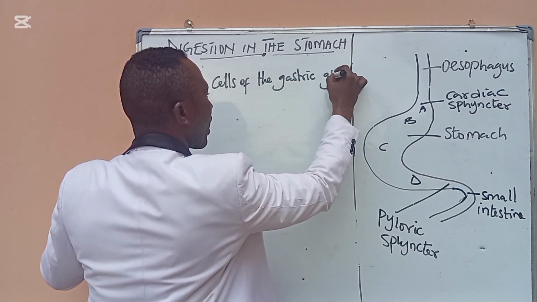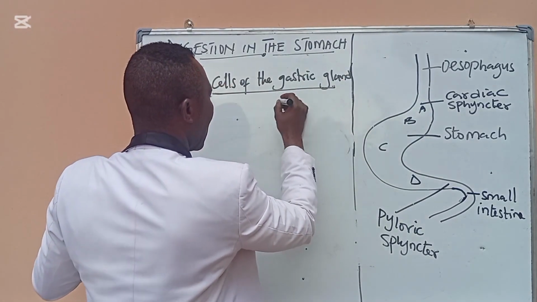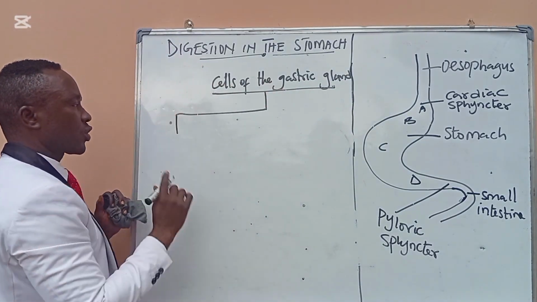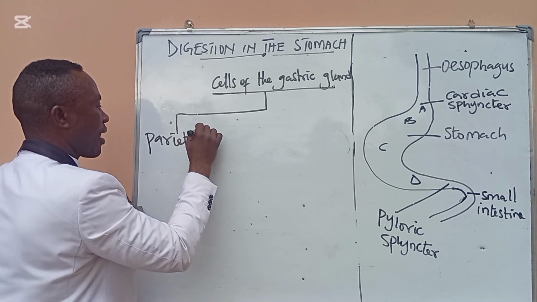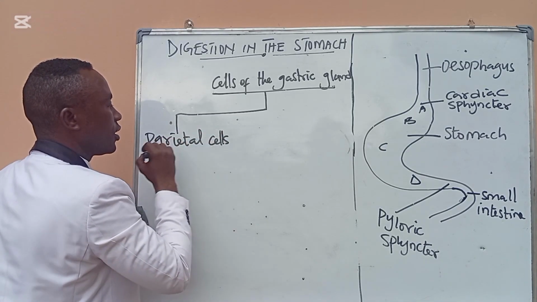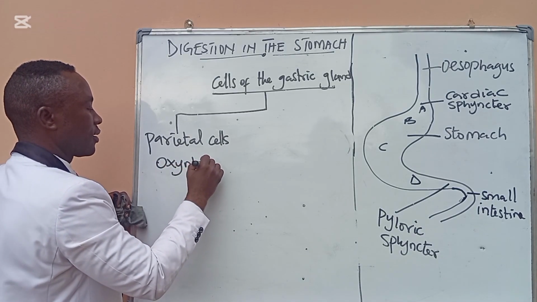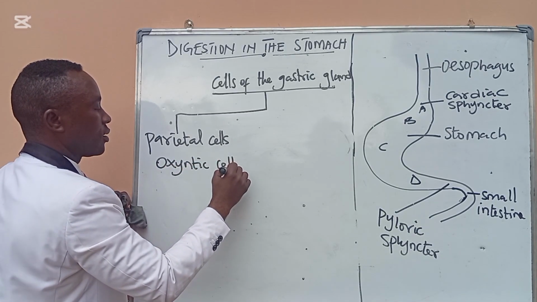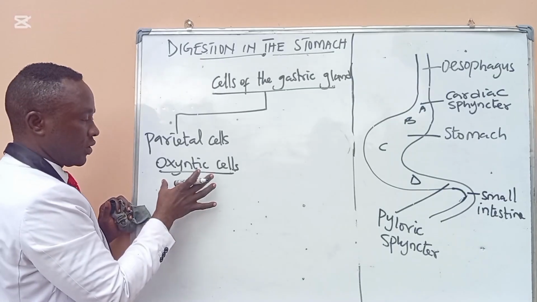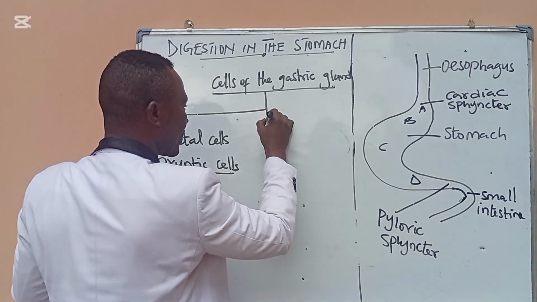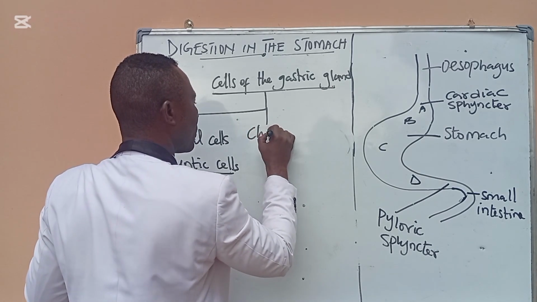I told you that we have 3 cells of the gastric gland that empty their secretions. The first one is the parietal cells. The parietal cells are also known as oxyntic cells. So either you call it parietal cells or you call it oxyntic cells. Then the second cell of the gastric gland is the chief cells.